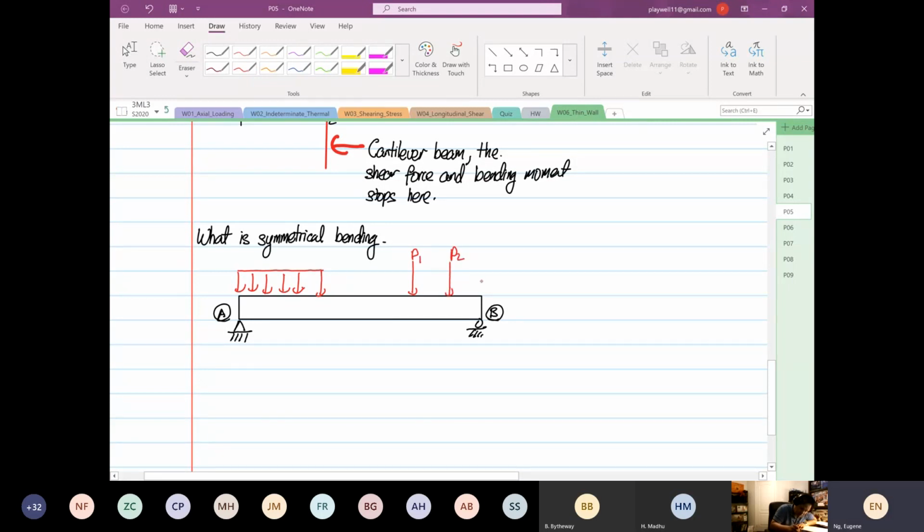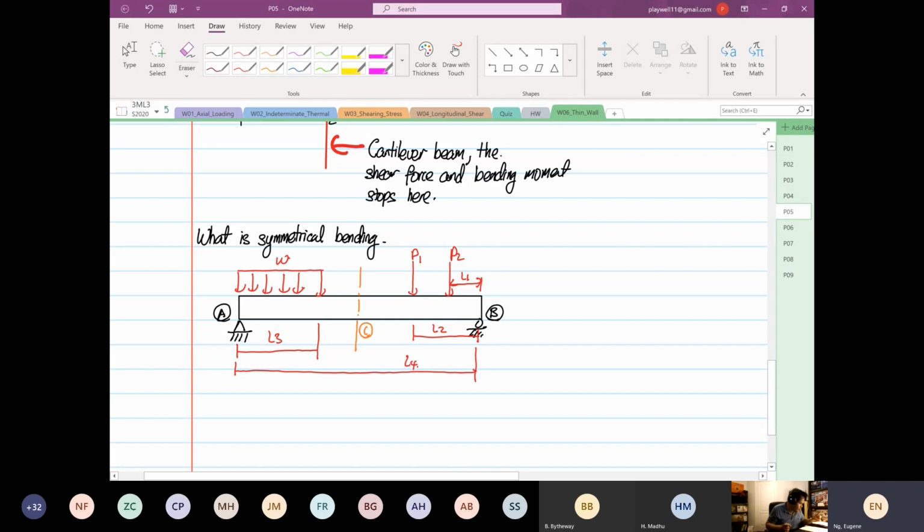The distance from here to here is L1, from here to here is L2. This looks like your exam, yes or no? Then over here is your L3, and the overall dimension is L4. If we were to find the stresses at point C, this is my point C.